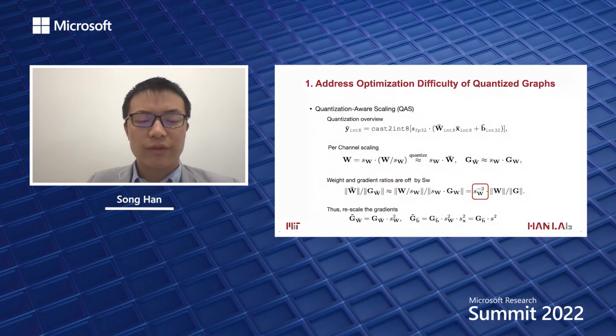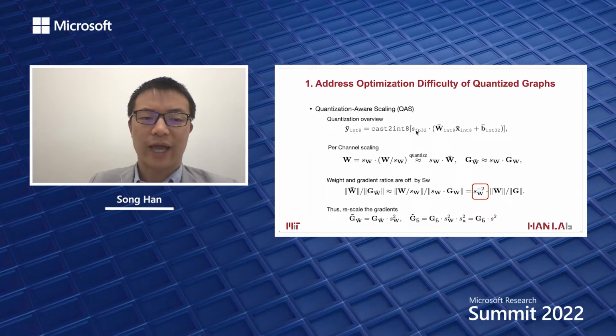So we have to deal with the derivation of this quantization process, where this W hat means the int8 version, X hat is the int8 version of the activation, and B, the bias in 32, is the quantized version of the bias. Here we multiply that by a scaling factor and cast it so that we can get the final int8 version of the activation.